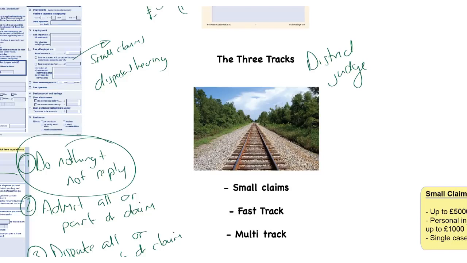So if at any stage here you decide to be awkward and not engage in the process, it may see you struck out of the process. And if you are struck out of the process, the party that is struck out is unable to take any further part. And that means that they would lose the right to claim or defend. And again, this is all part of the case management process.